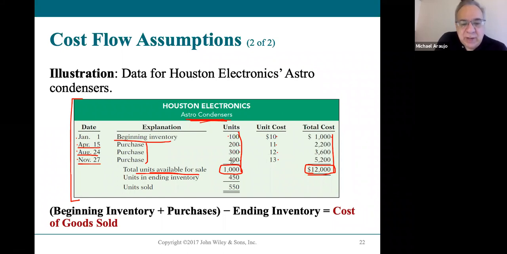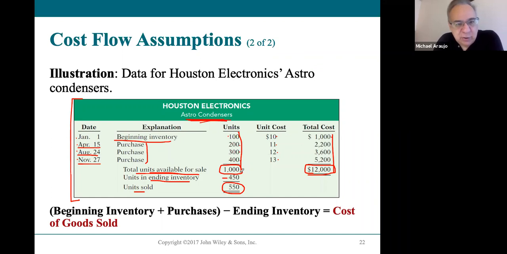And again, only two things can happen to these Astro condensers once Houston Electronics has purchased them through the year. They either still own them, and if not, we assume the units that are not there have been sold. So if you notice here, at the end of the period, they still own 450 of the 1,000, which means that they sold the other piece.